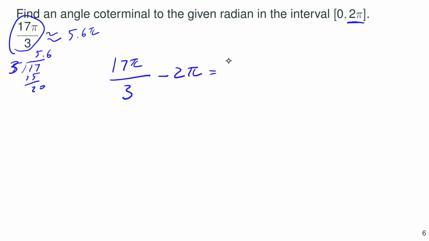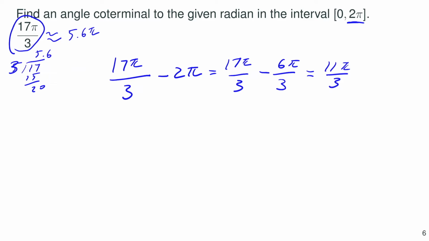So the way we write it is 17 pi over 3 minus 6 pi over 3, to have a common denominator. And 6 divided by 3 is 2, so we're subtracting the same quantity of angle. Then if we do this, we get 11 pi over 3.